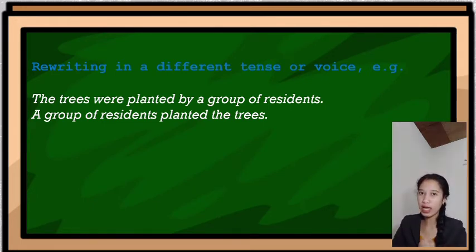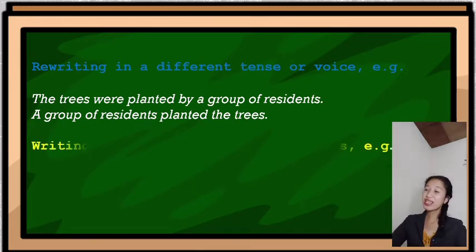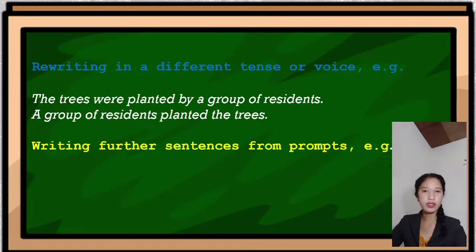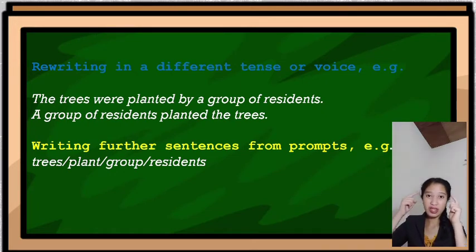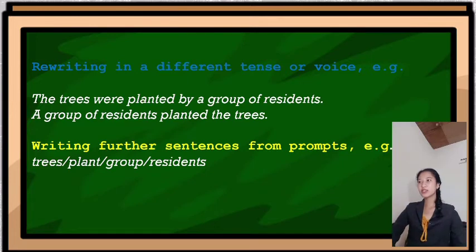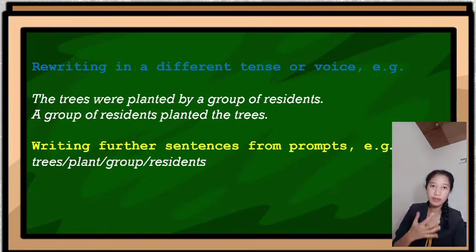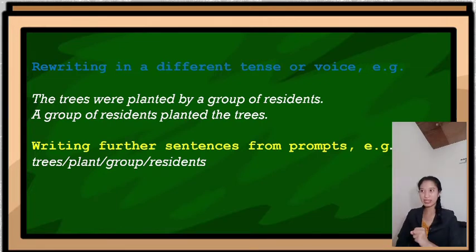Now let's proceed to the last one, which is writing sentences from prompts. Prompts are given here: trees, plant, groups, and residents. So how can we put these prompts into a sentence? Think. Okay, it can be: the trees were planted by a group of residents, or a group of residents planted trees.